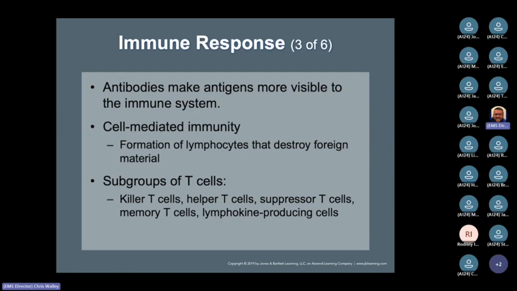Antibodies bind to and inactivate toxins produced by bacteria. Cell-mediated immunity is characterized by the formation of a population of lymphocytes that can destroy foreign material. Subgroups of T cells are known as killer T cells, helper T cells, suppressor T cells, memory T cells, and lymphokine-producing cells.